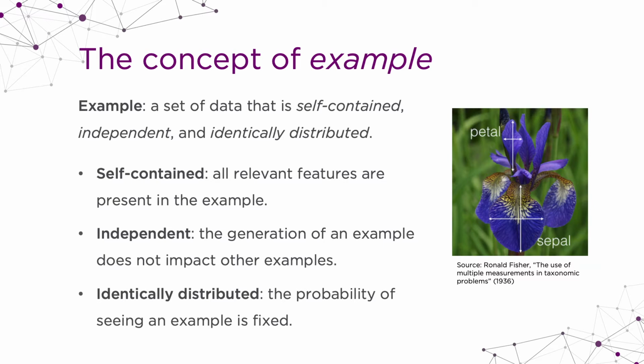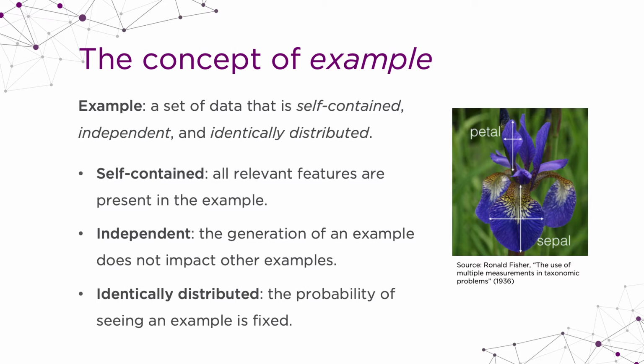Here I also have the notion of independence. The way this example occurs in reality, it should be as independent as possible from the other examples. So you should probably not gather all your data set from your garden, because of the type of ground that you are using, your features will be correlated together.